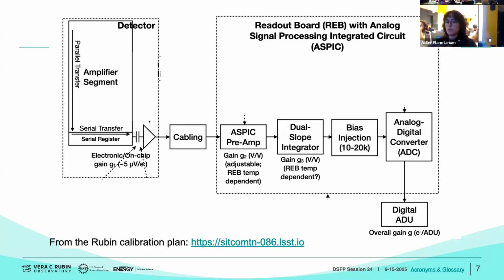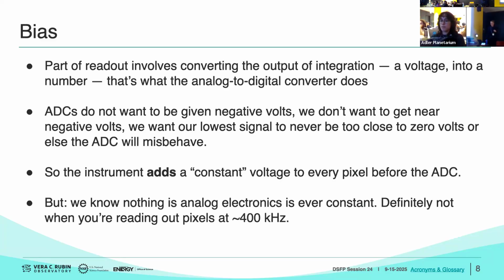And this is a voltage that's designed to keep the measurement off of the zero floor, because the ADC doesn't want to deal with negative values. It doesn't want to deal with values that are too close to zero. And so we always want to keep our measurements in the range the ADC is happy to deal with. And so we add this constant voltage to every single pixel before we get to the analog to digital conversion.